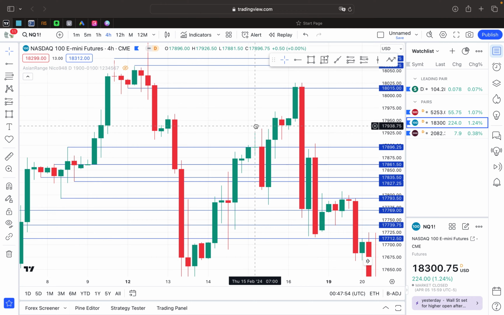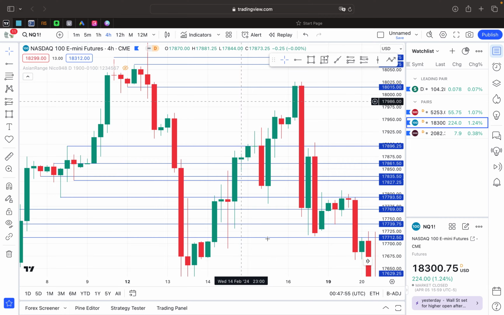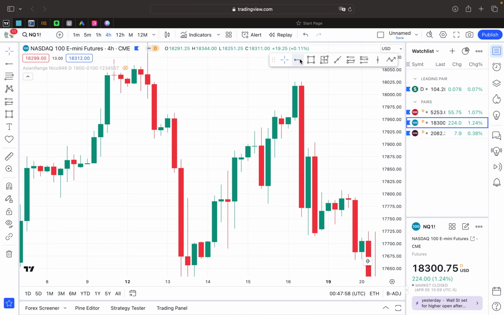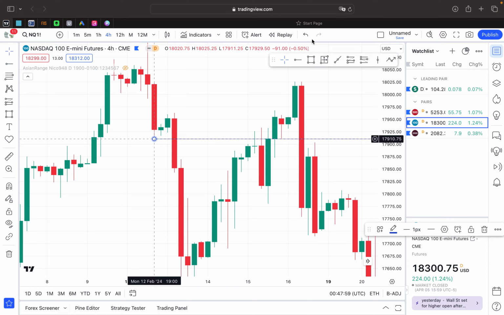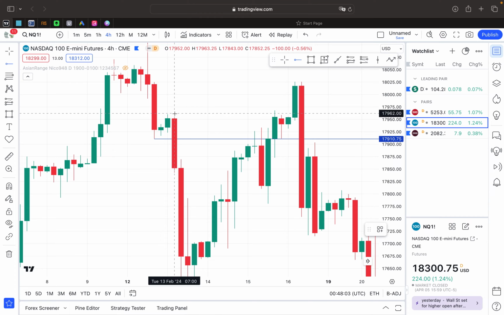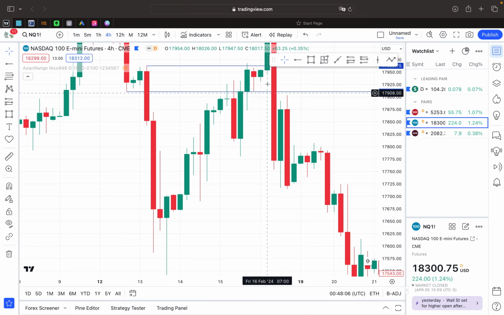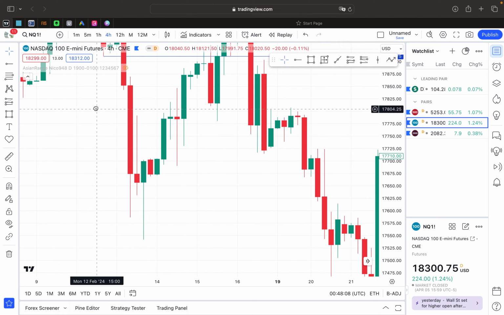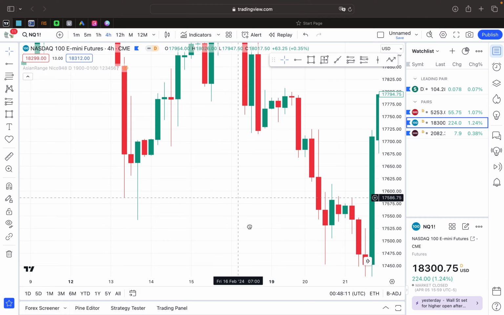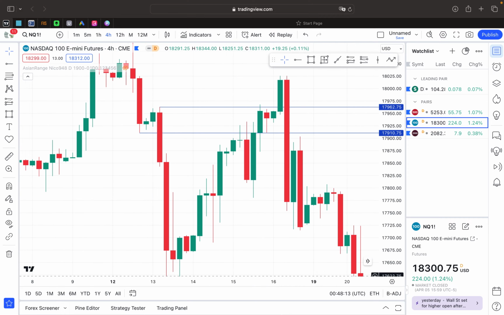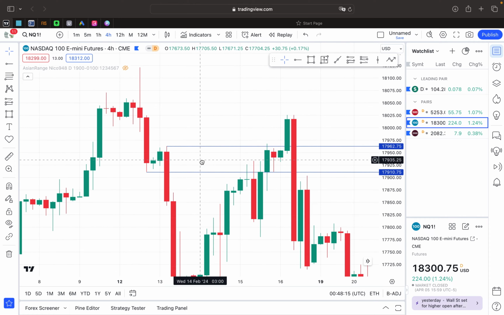Let me clean up the charts real quick. We got red, green, lowest point right there, and green, red, highest point right there. Throughout the course, we're going to get into liquidity areas, like I mentioned. But I want everybody to simply understand that liquidity is where orders are.